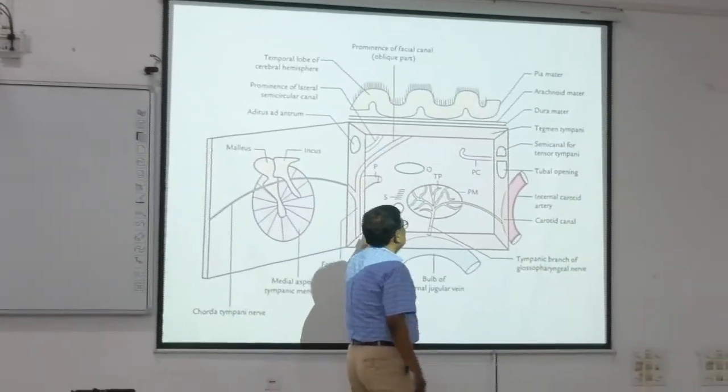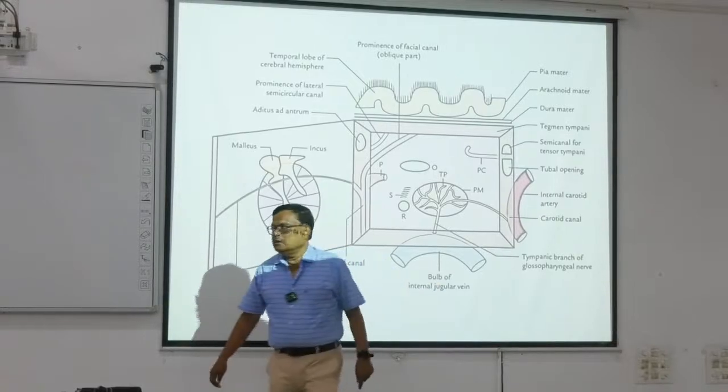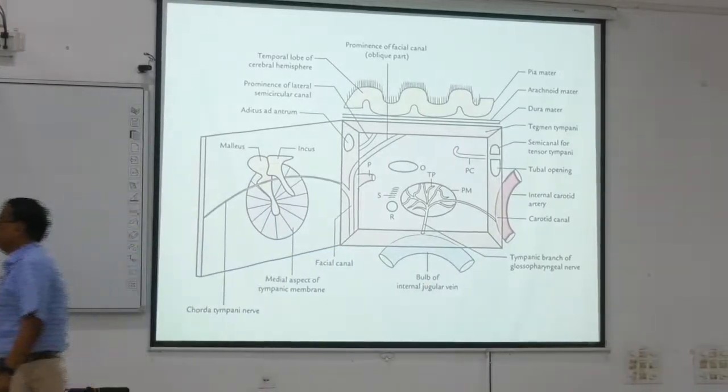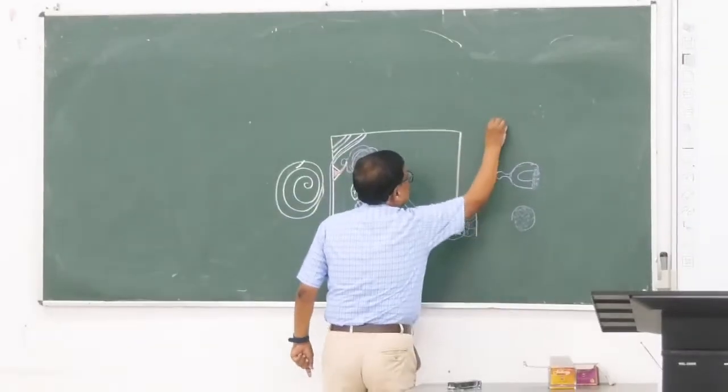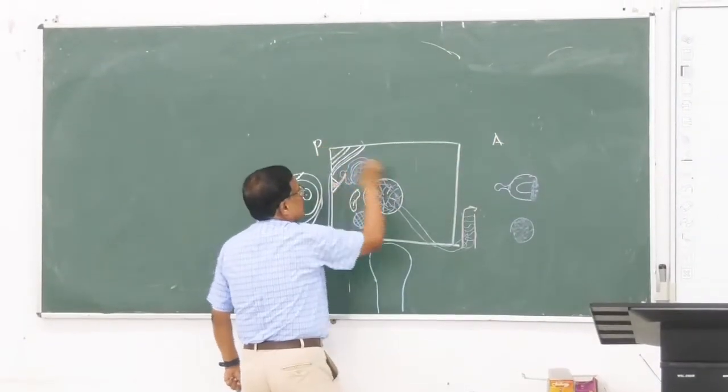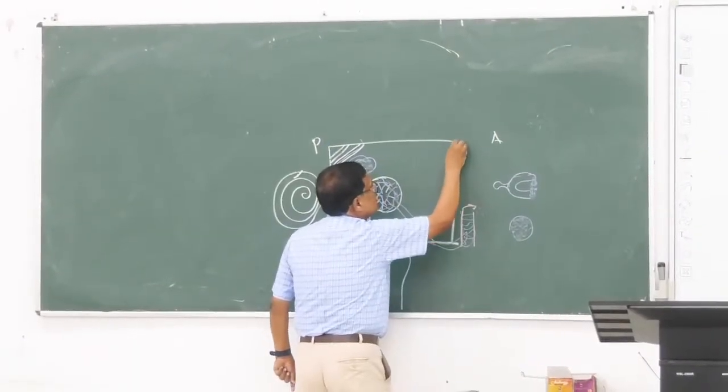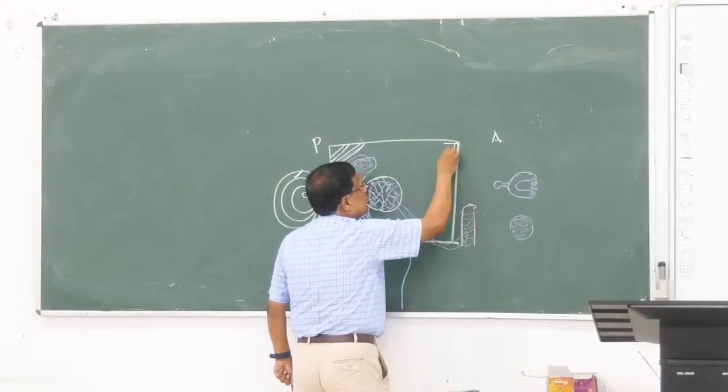Another thing I have already told you: in the anterior wall, this is the anterior side, this is the posterior side, there are two canals.